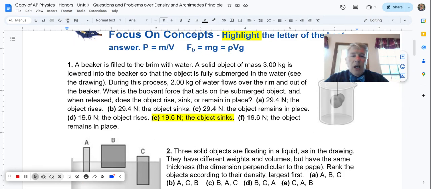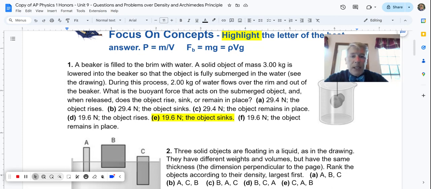Okay, so when we have an object floating in water, one of the things we're going to know in all 3 of these cases is that the buoyant force is going to equal the weight of the object. And the more buoyant force happens when you are deeper in the fluid, that's going to have a relationship with your density.